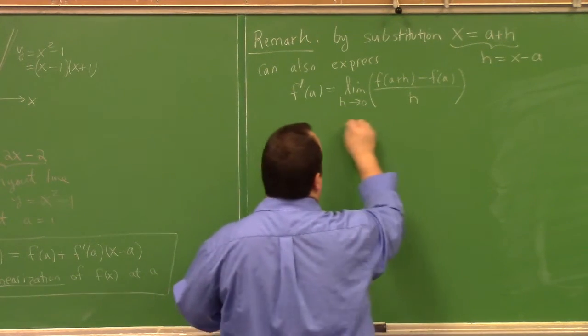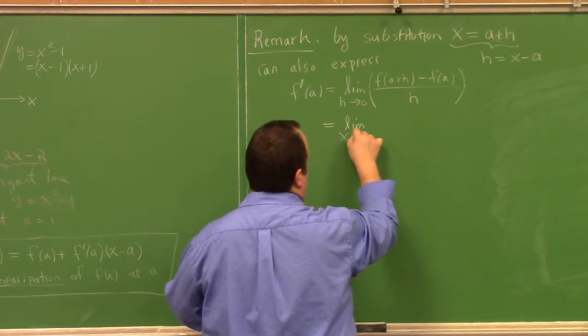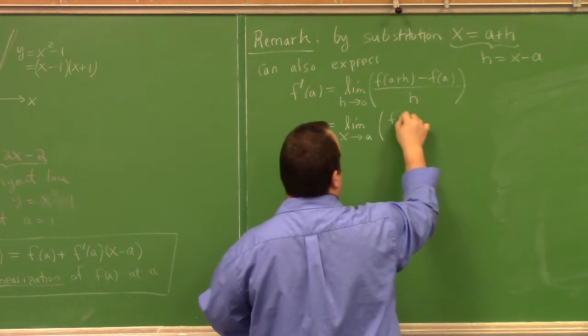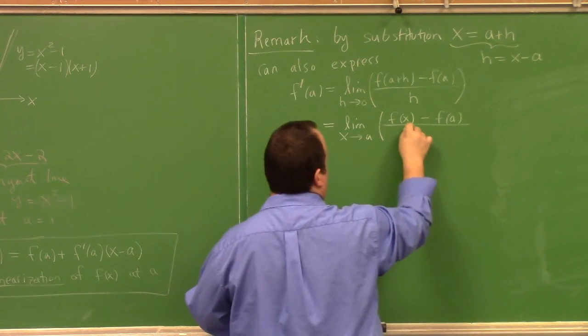So this becomes the limit as x goes to a of f of x minus f of a over x minus a.